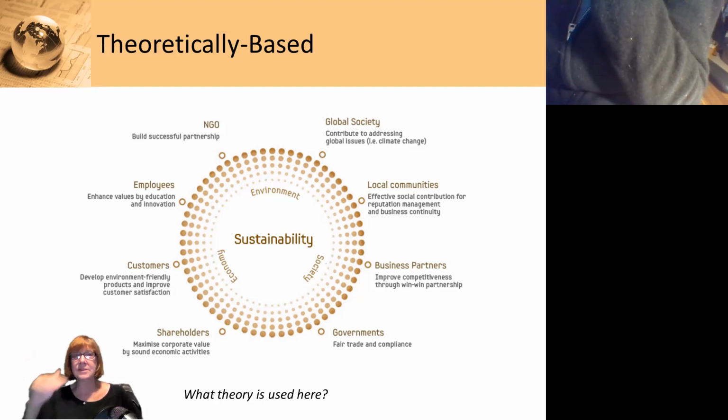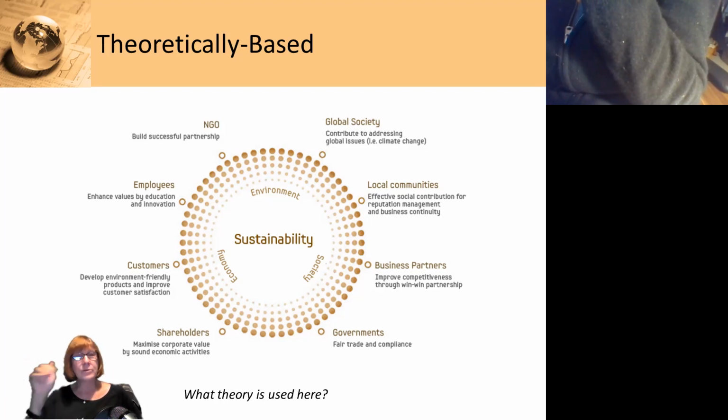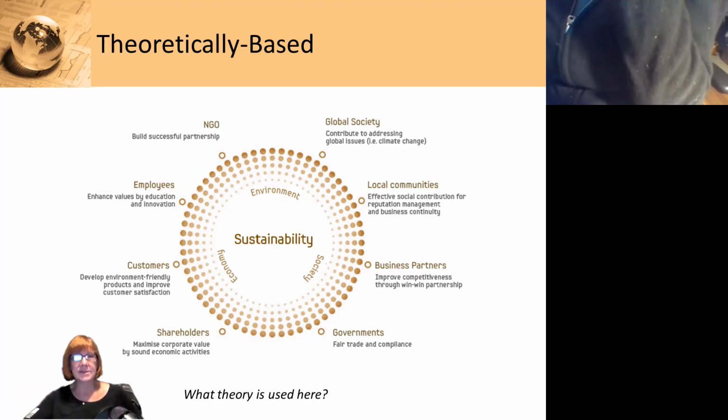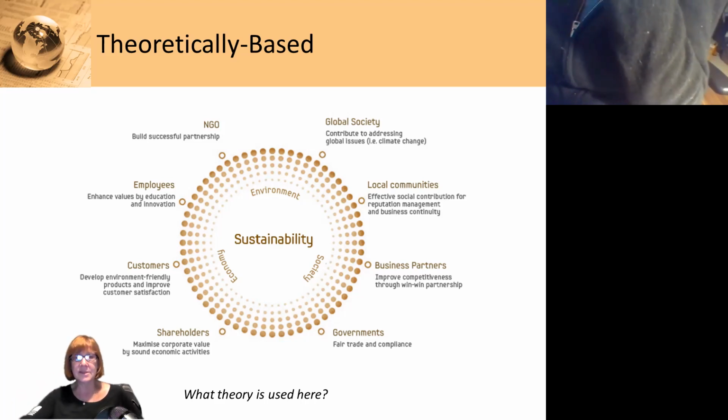Just a couple of sentences for each stakeholder. The manager, the owner, the employees, the customers, whoever it is, you give a little subheading for each one, and then you give a couple of sentences, not too long, that describe their relationship within the stakeholder model.